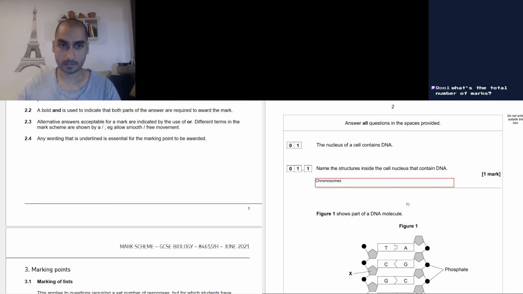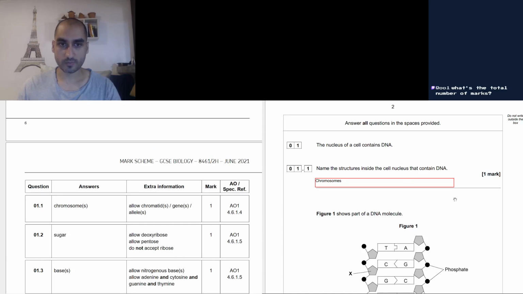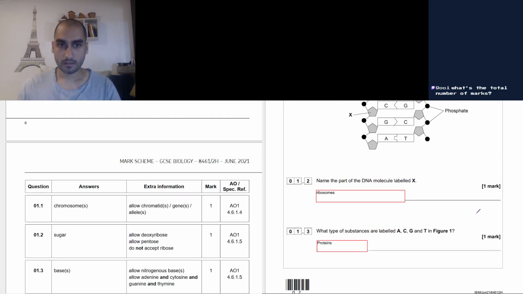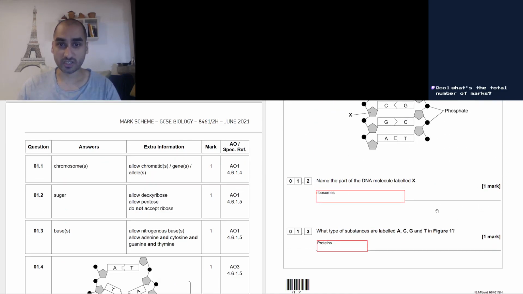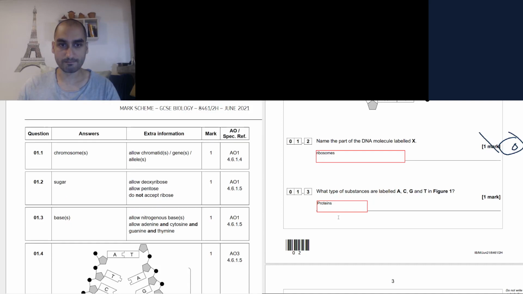Alright. Right, chromosomes. Correct. Ribosomes, no. It's sugar. Do not accept ribose. And proteins, no. Bases.